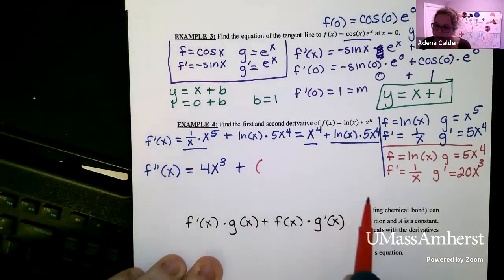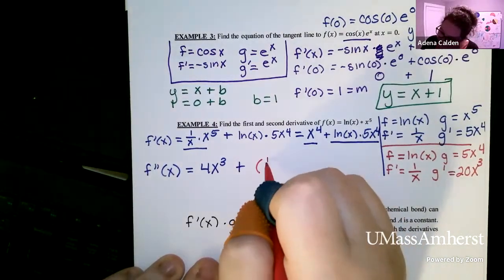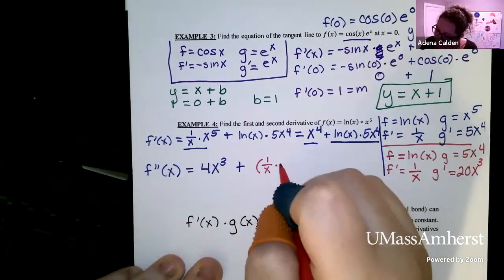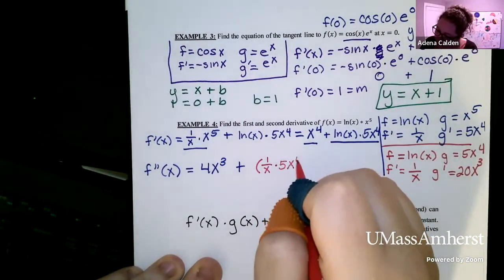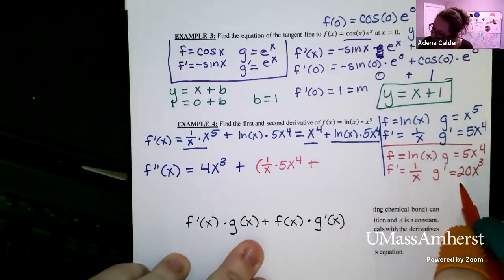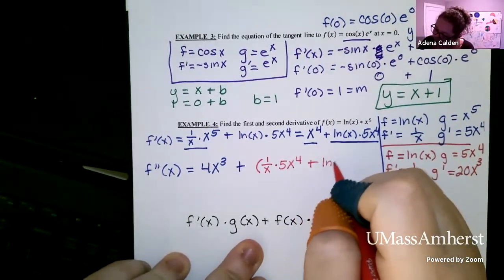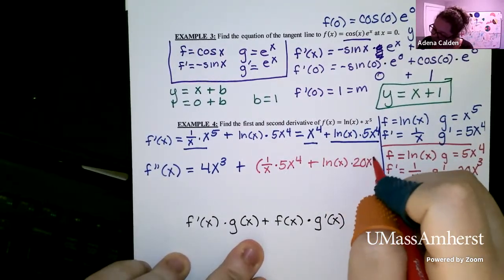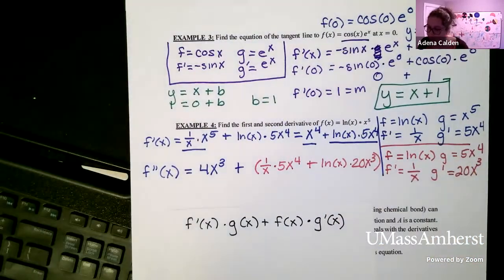So f prime times g, I have 1 over x times 5x to the 4th, plus f times g prime, so the natural log of x times 20x cubed.